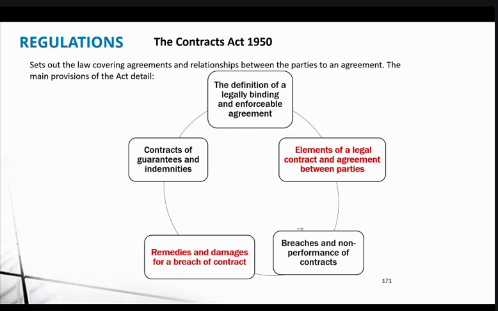Examples of contract law: guarantee, indemnity, assignment for properties, about title, and leasing. These are the relevant acts under contract law.